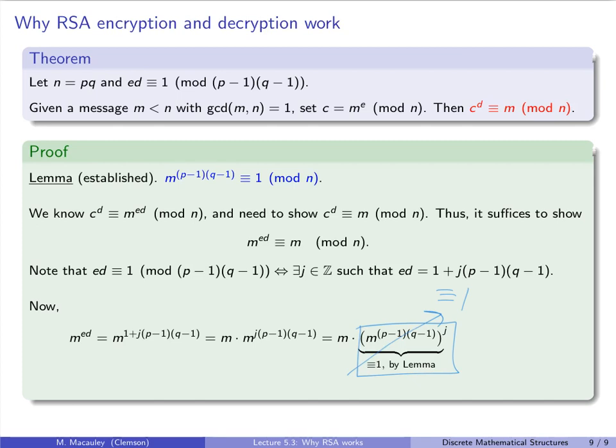And there we go. M to the ed is equivalent to m times 1, and that is equivalent to m mod n. That completes the proof of the theorem, and that is why RSA works. And I think we're going to leave it there.